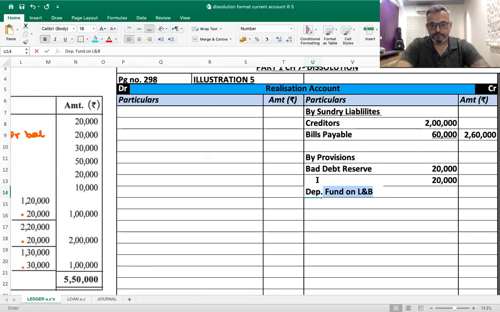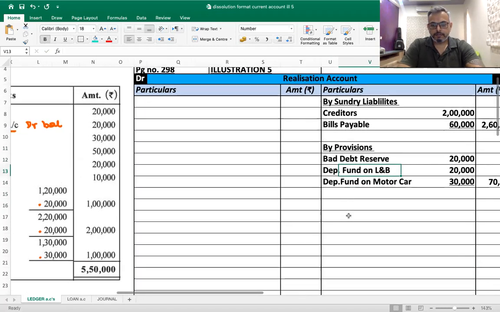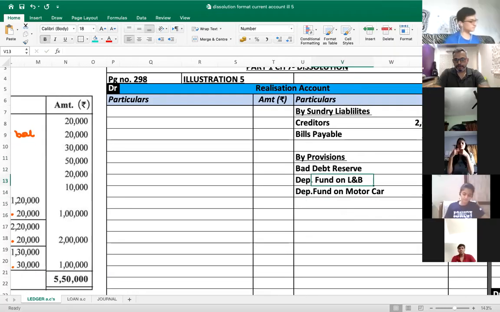And depreciation fund on motor car, 20,000. On motor car, sorry, 30,000. So underline this, outer column 30, 20, 20, 70,000. Should I proceed?